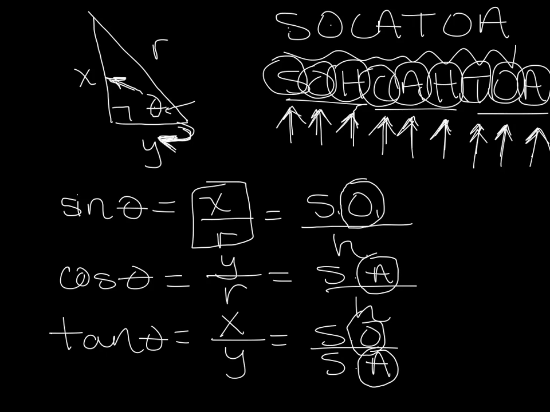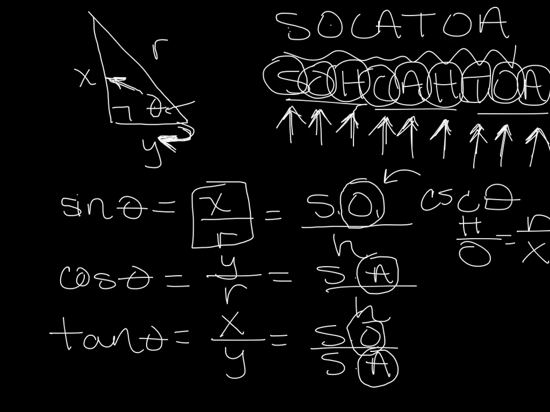Now, as for the reciprocals, remember that cosecant goes with sine, and reciprocal means turn it upside down. So if sine is opposite over hypotenuse, cosecant would be hypotenuse over opposite, or R over X, like your book does.